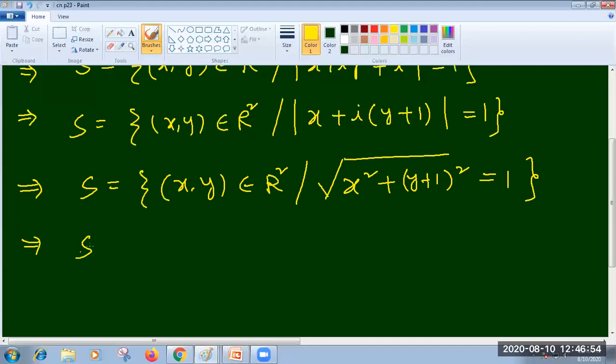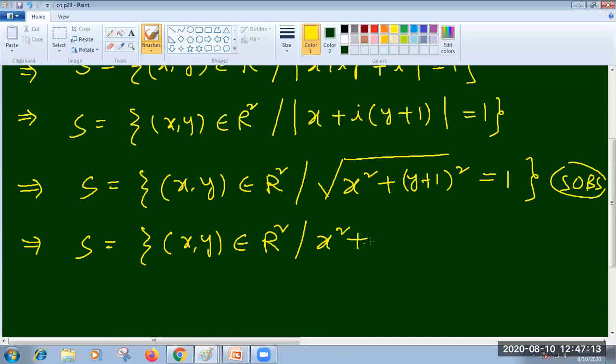And further this can be written, squaring both sides, the square will get cancelled: x square plus y plus 1 whole square is equal to 1 square, which is 1.